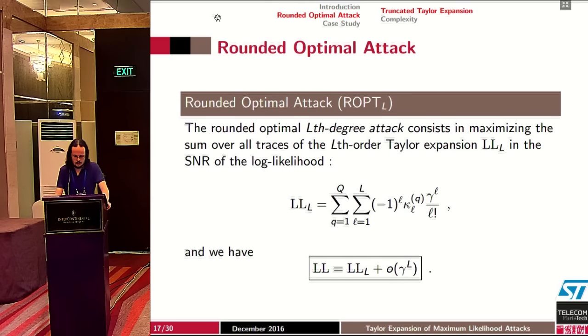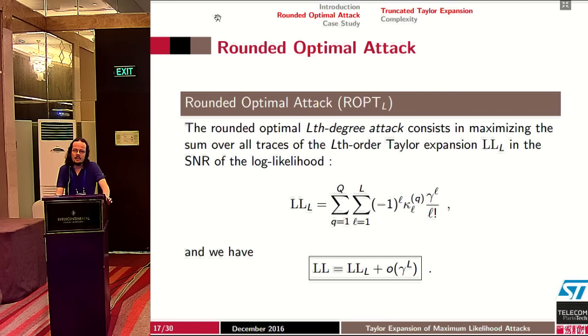Now we can introduce our new attack, which is a rounded optimal attack. This attack depends on a parameter L, which is an arbitrary choice of the attacker. So our new attack, the rounded optimal L-degree attack, consists in maximizing the L-order Taylor expansion in the center of the log likelihood.